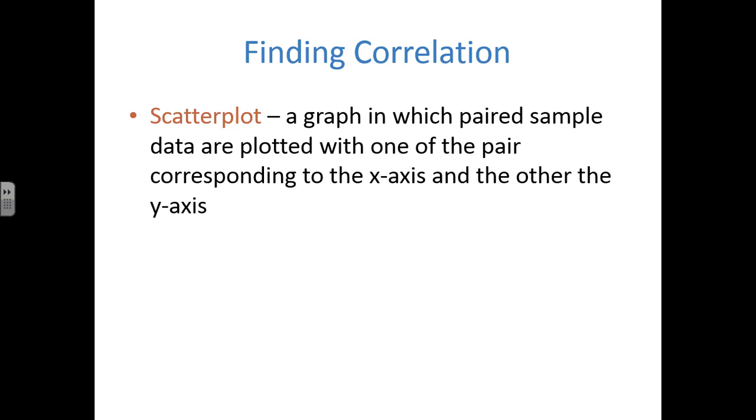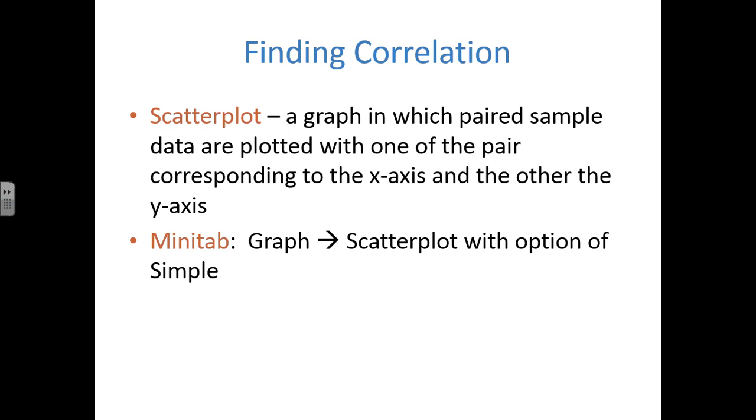So in our example, we may put the hours studied on the X axis and the person's grade on the y-axis, and we could plot the points, and if it looks like they are sort of a straight line, then we would say they are linearly correlated. But we can look at other types of relationships also.